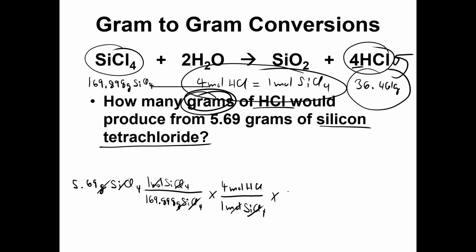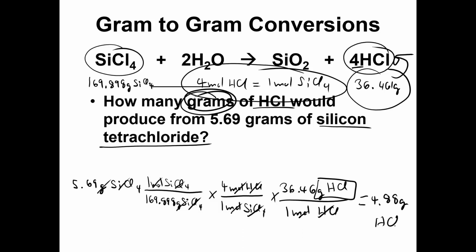And so that's our next conversion factor. 36.46 grams of HCl are equal to 1 mole of HCl. So then that cancels, and our units are in grams of HCl, and that is equal to 4.88 grams of HCl. So the answer here is 4.88 grams.